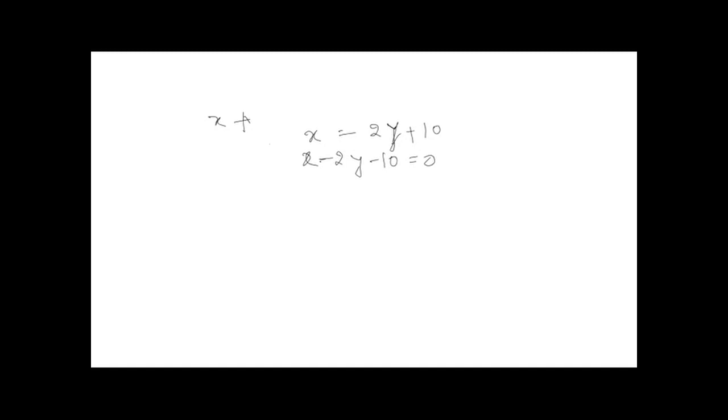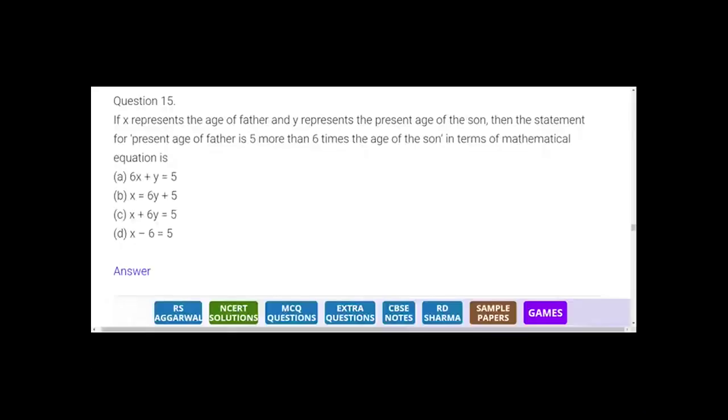X represents the age of father, Y represents the present age of the son. Then the statement for present age of father is 5 more than 6 times the age of the son, which is the correct answer?